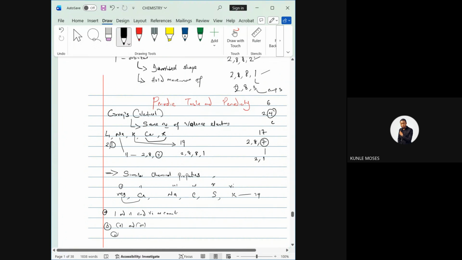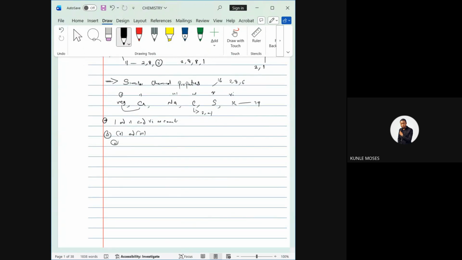Sulfur, I think sulfur is 16, that's 2,8,6. Carbon is 6, that's 2,4. So I just hope you understand what I'm trying to say here. That's the most important thing.